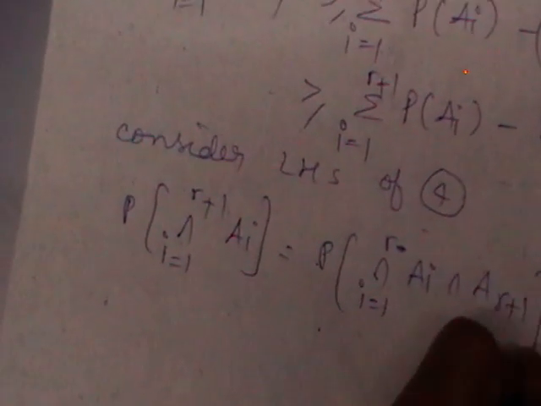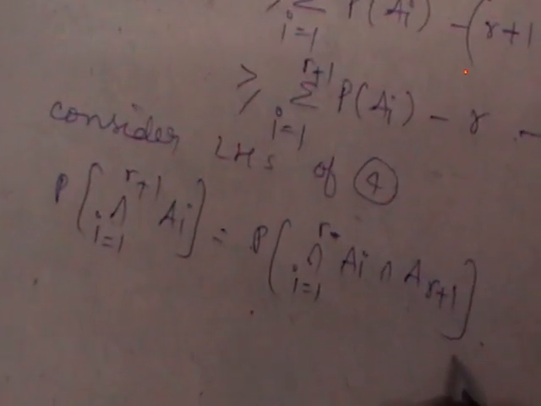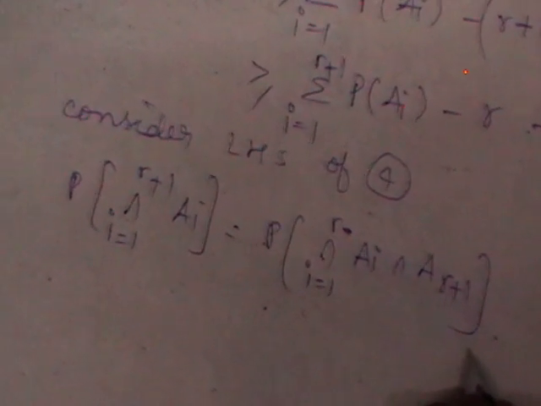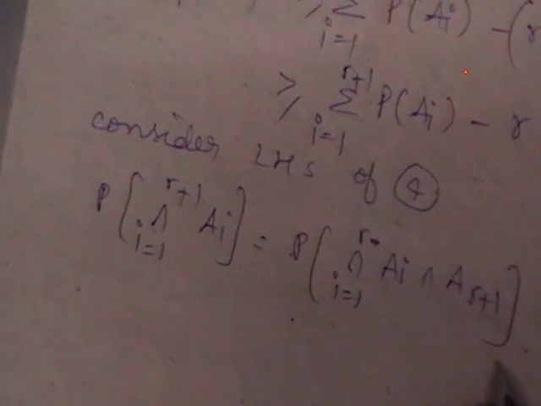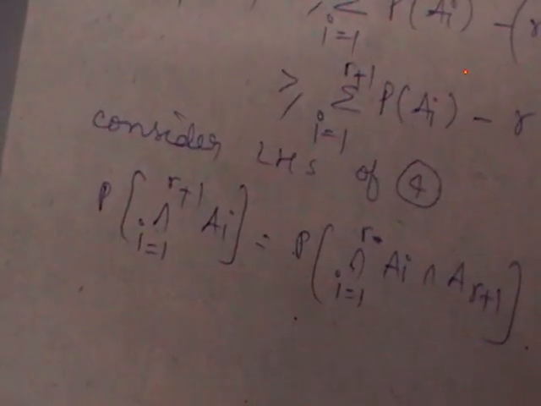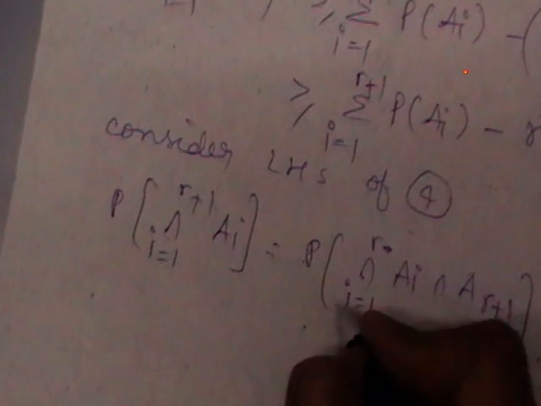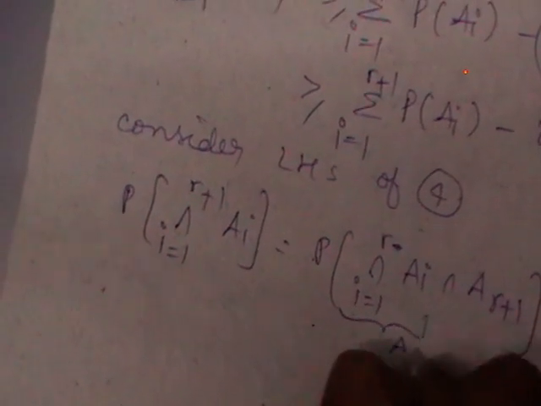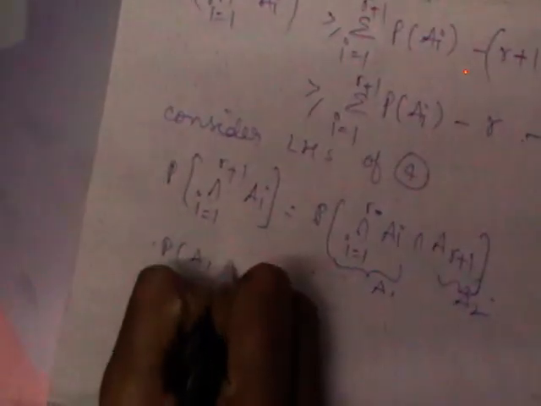To prove it is true at n is equal to r plus 1, we consider the LHS and split it into these two parts. Let us take this as a1 and this as a2. Then it is in the form of p of a1 intersection a2.